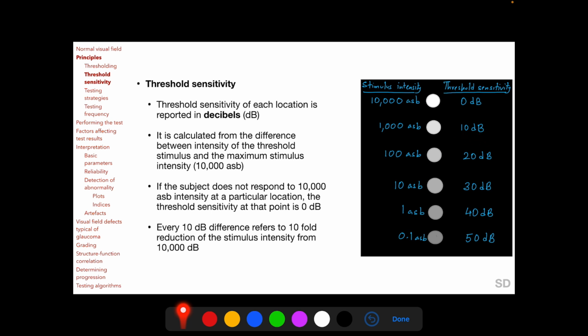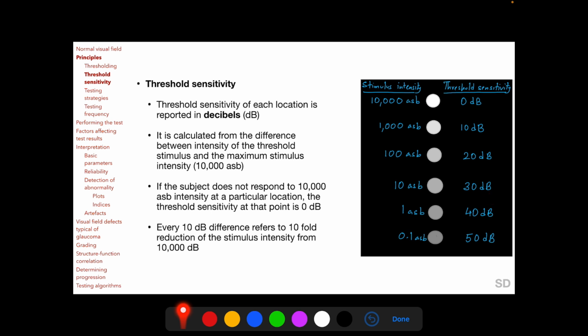If that test location is able to perceive a stimulus intensity of 100 apostilbs or brighter, the threshold sensitivity of that location is reported as 20 decibels. If that location is able to perceive a stimulus of intensity 10 apostilbs or brighter, the threshold sensitivity of that location is reported as 30 decibels.